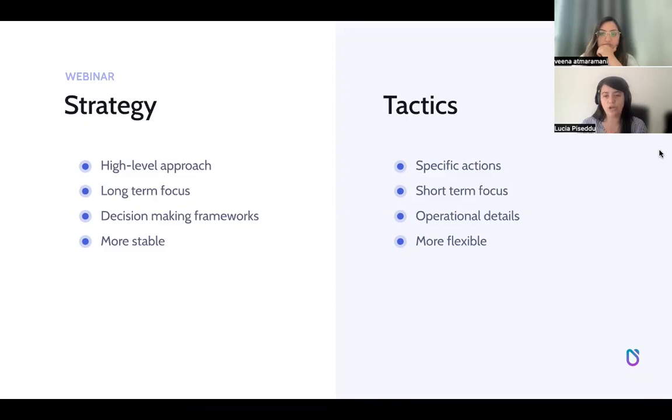The tactics are a lot more flexible. They should be, because of course they need to follow the trends, they need to follow new technologies and so on. So the tactics can change relatively fast. The processes around these tactics can change relatively fast. Strategy is not the case. The strategy usually stays for a longer time frame.